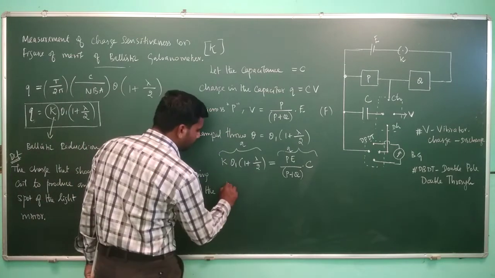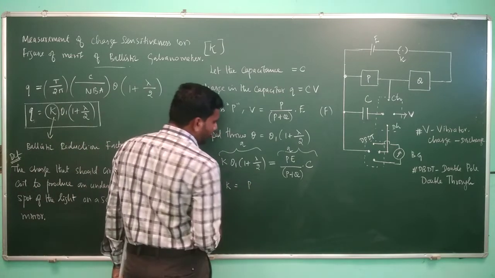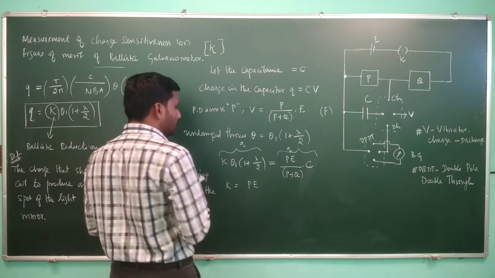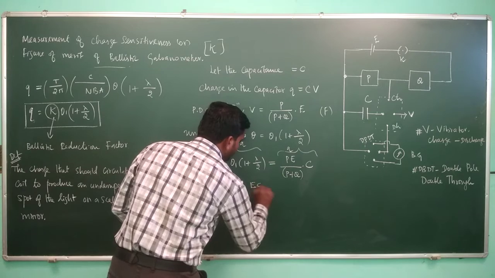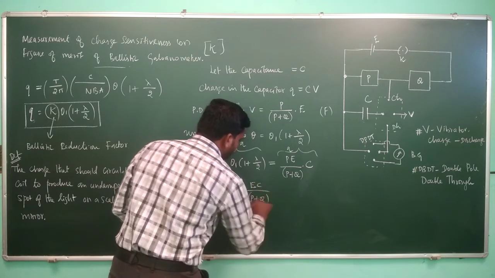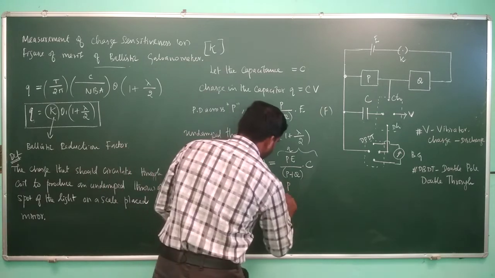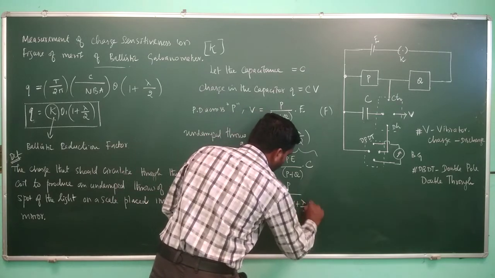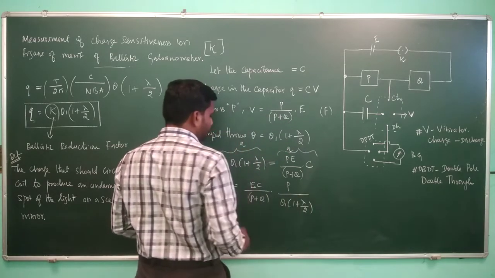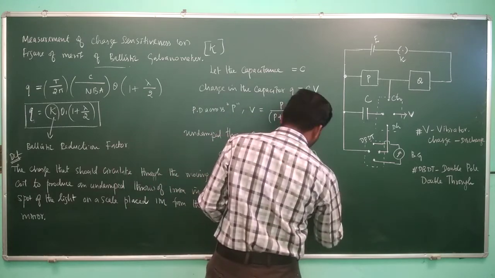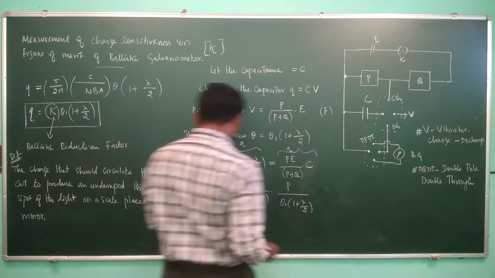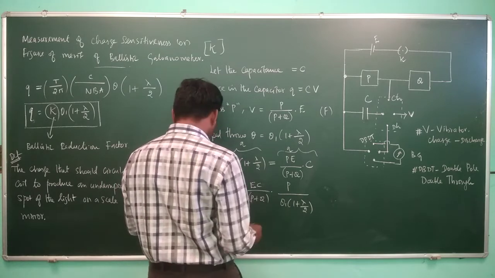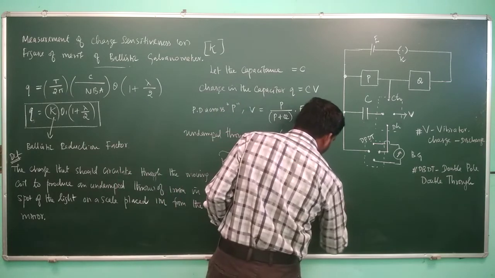And now we can rewrite this equation for K. We can write it in a different way: K equals EC by P plus Q multiplied by P by theta 1 plus lambda by 2, right? The unit of this will be coulomb per division.